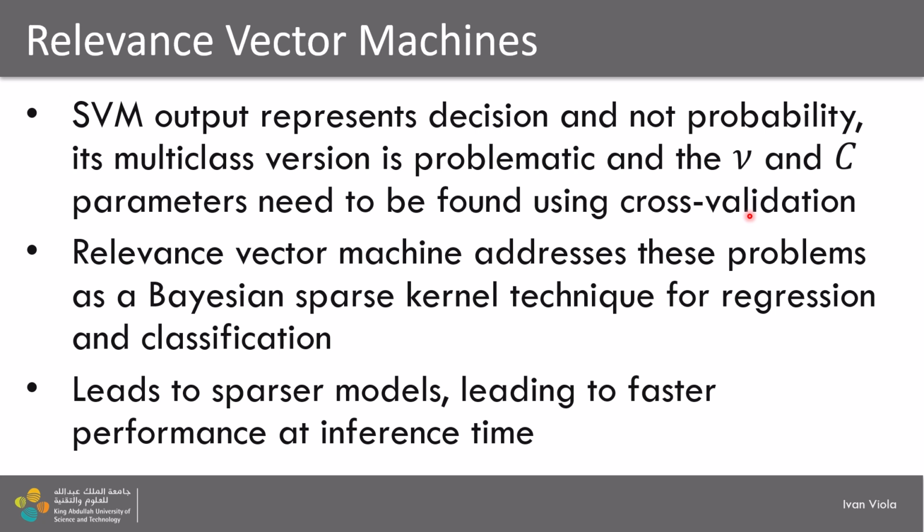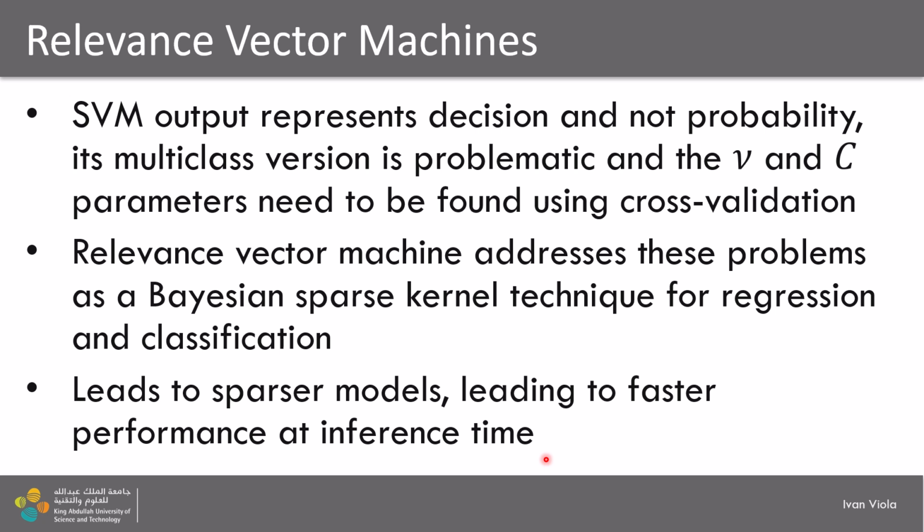However, in the case of relevance vector machines, we will have several advantages which somehow address problems of support vector machines. The relevance vector machine is a Bayesian sparse kernel technique for regression and classification. Generally, it leads to sparser models than SVMs, leading to faster performance at inference time. At training time, it's hard to say which performs faster.